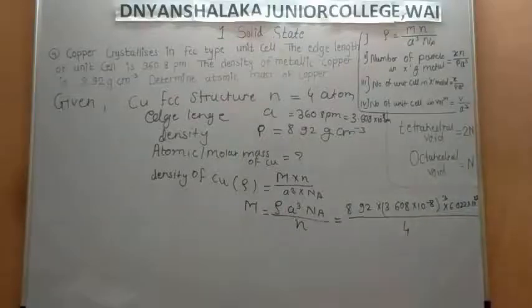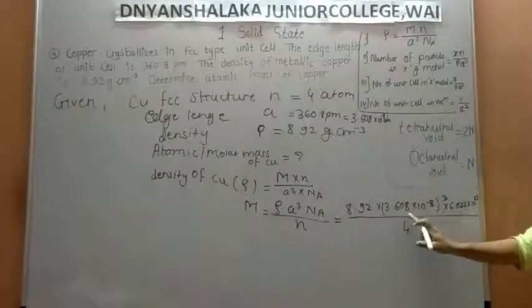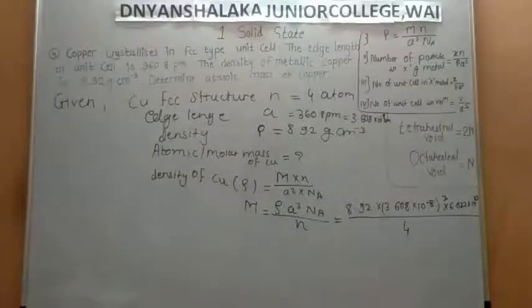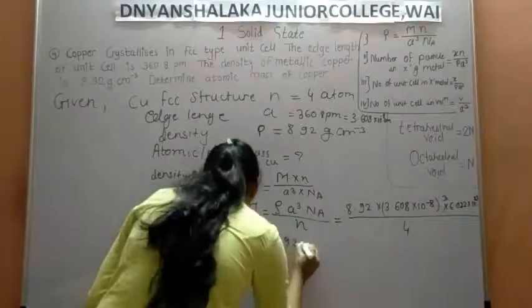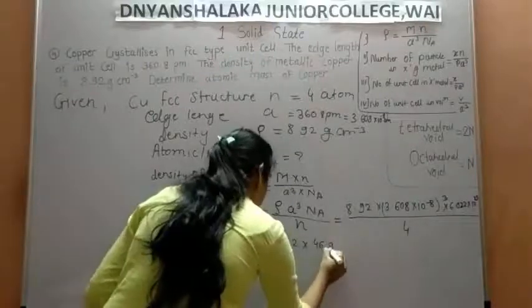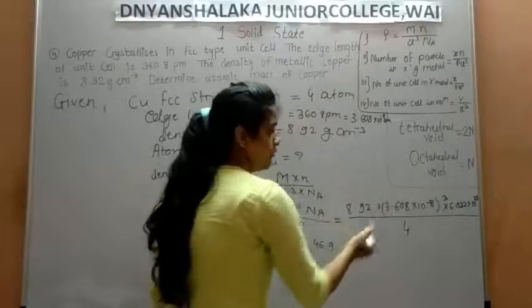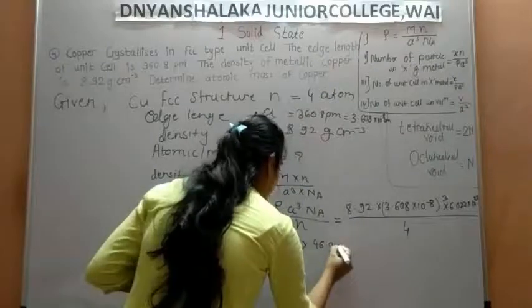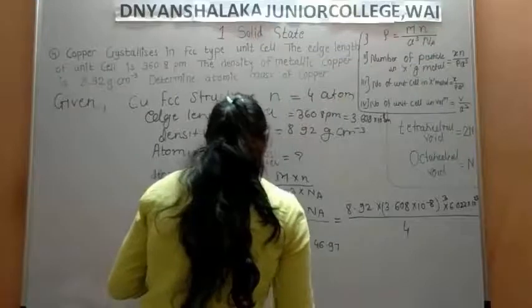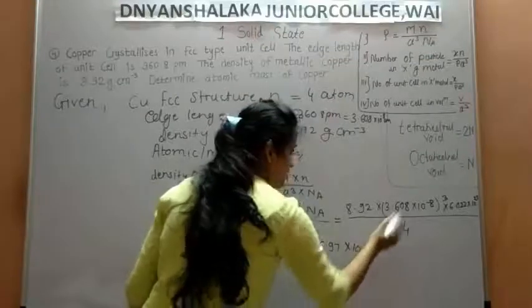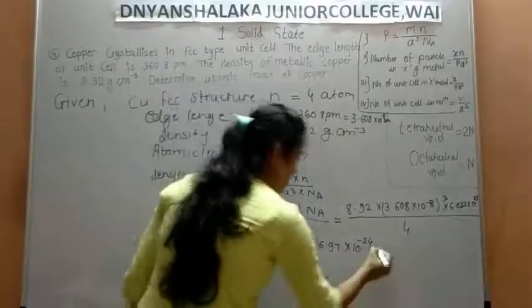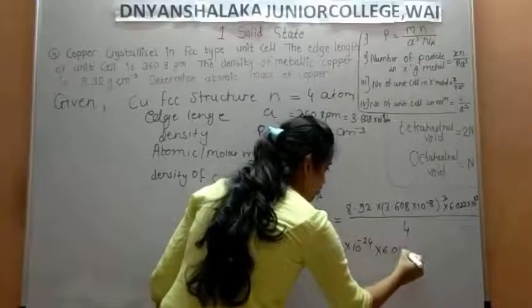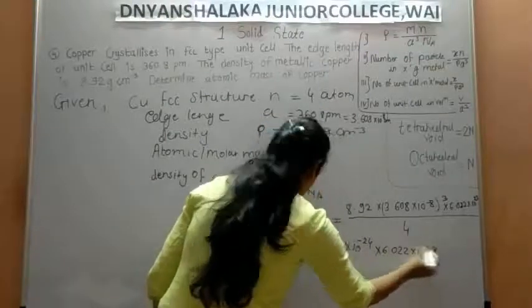So multiplying 3.608 three times and calculating the answer, 8.92 into 46.97 into 10 raised to minus 24. Next, 6.022 into 10 raised to 23 upon 4.